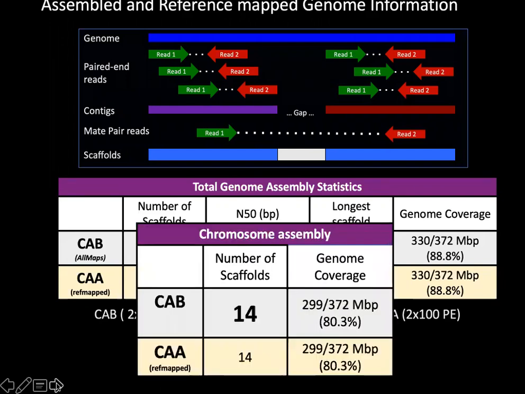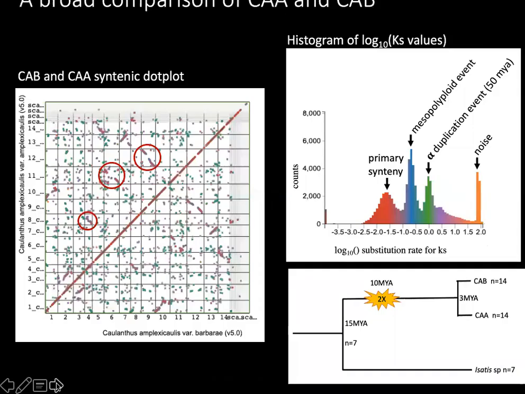I would also like to make note that I will be talking about CAB and CAA at the chromosome level, and we remember that CAB and CAA have 14 chromosomes. The assembly for the chromosomes is going to be covering about 80% of the genome.